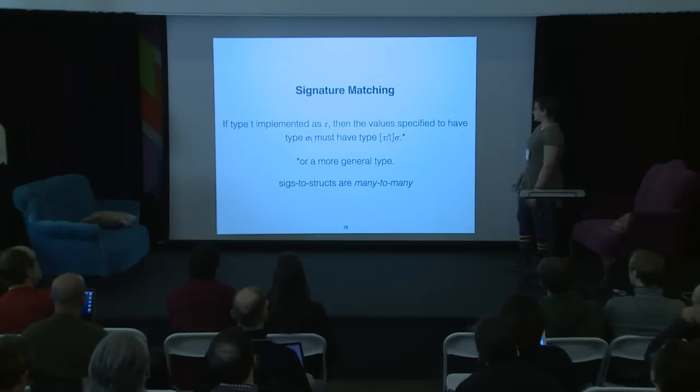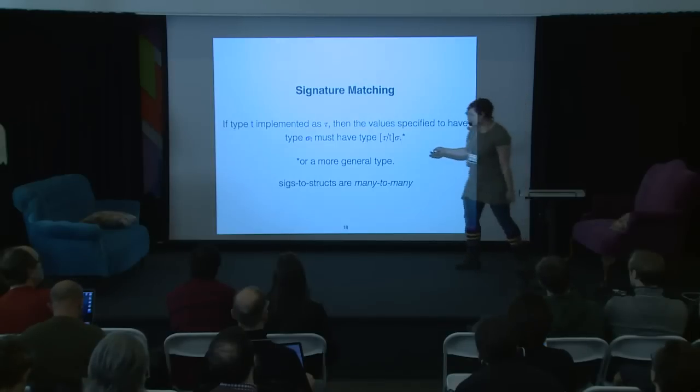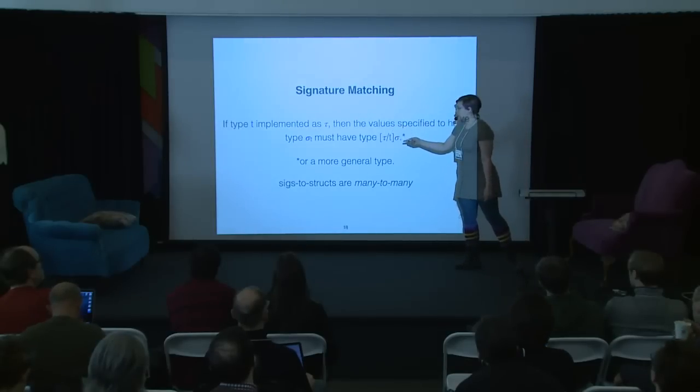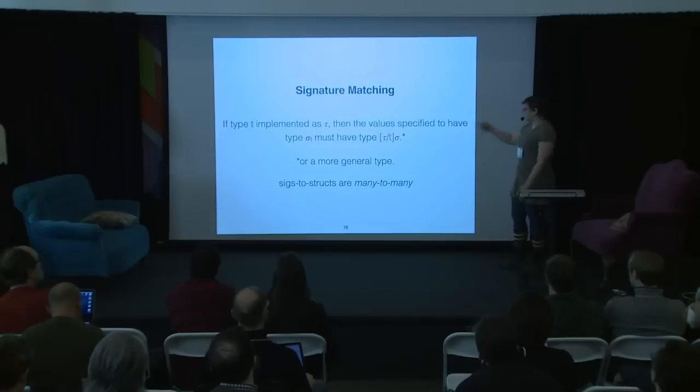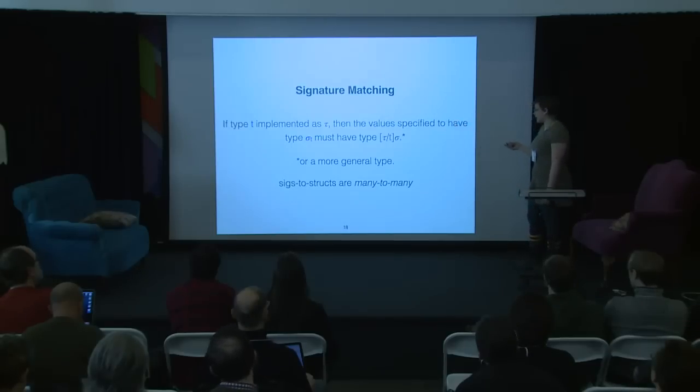So if you implement type t as tau, then anything that's declared in the signature to have some type sigma that refers to that type variable t must, in the implementation, have that same type sigma with tau substituted for t. That's a bit of an approximation here.